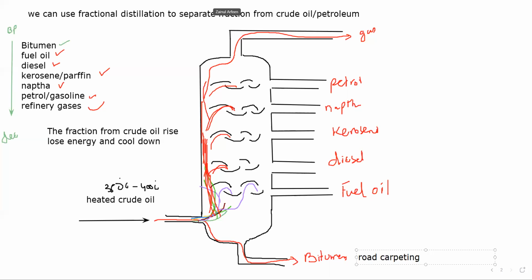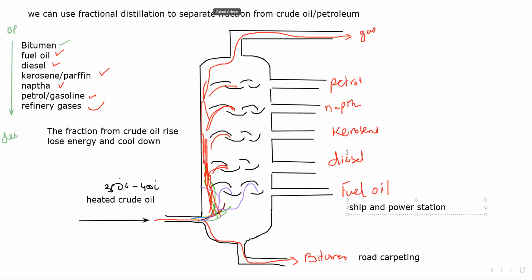Then fuel oil, where we use fuel oil, it is used for ships and power stations, fuel for ships and power station. There are more fractions, but we are only specifying, not listing all of them.